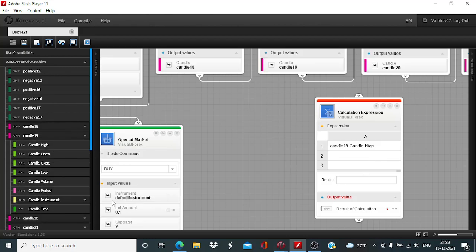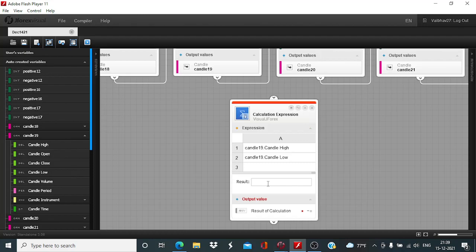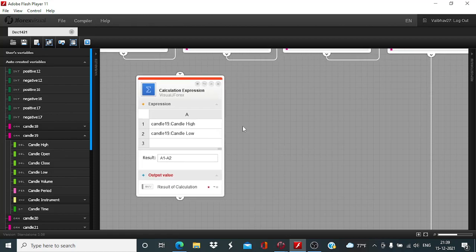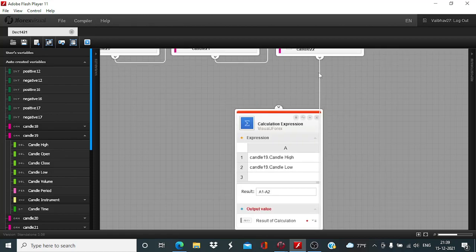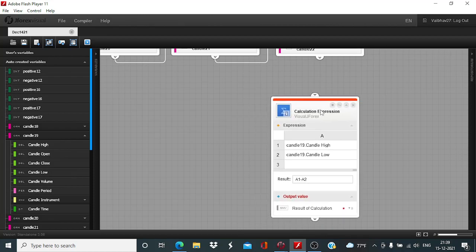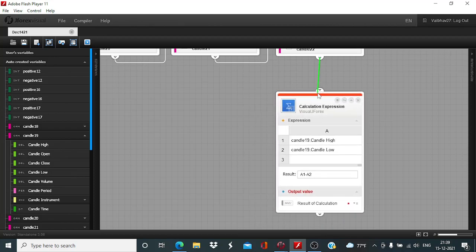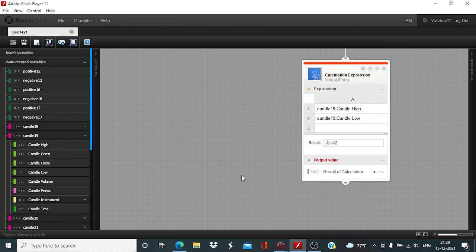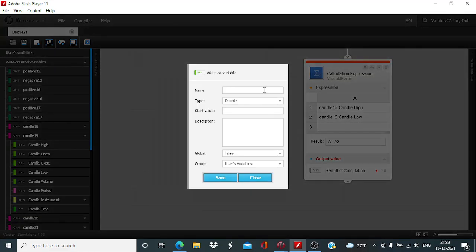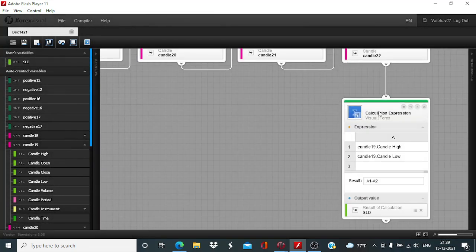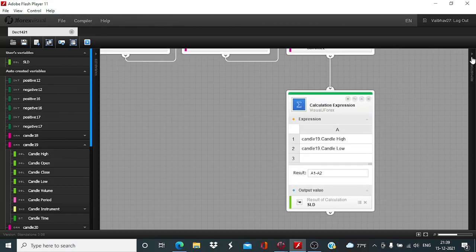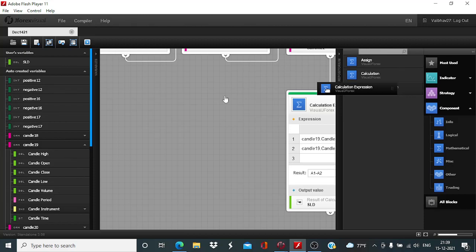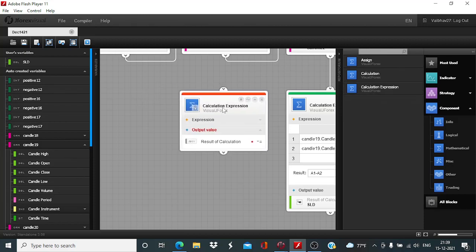Candle high and the low, A1 minus A2. Result of the calculation will be named SLD. Okay, now we have to convert it into integer data type.